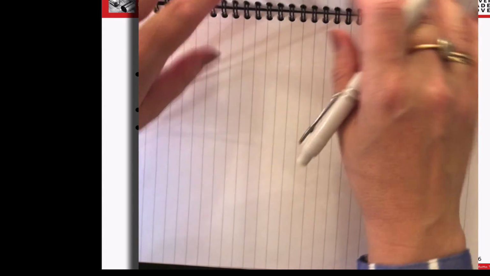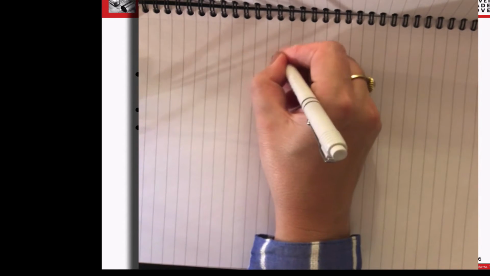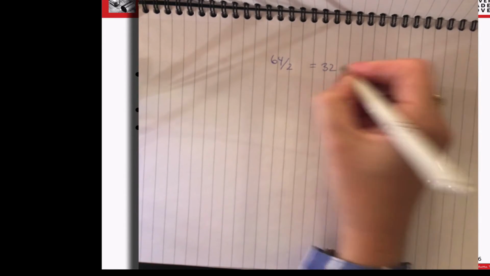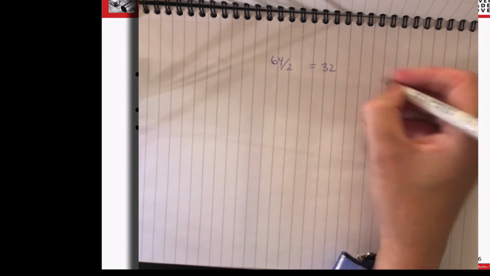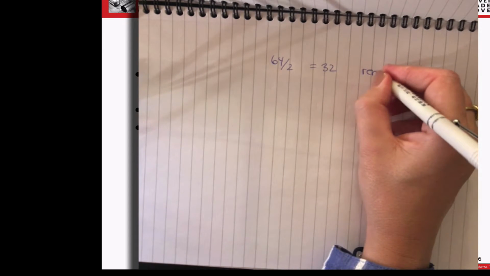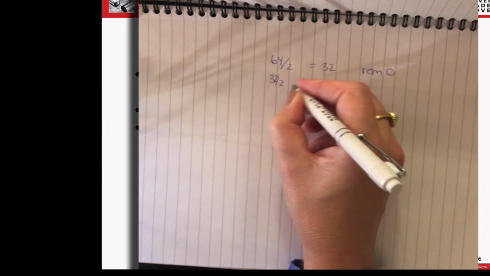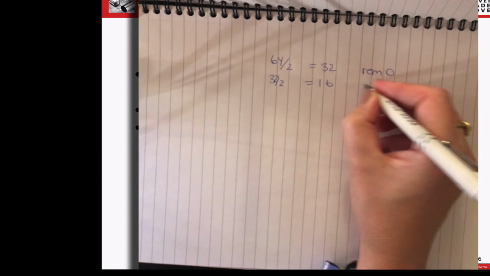Next example, 64. We want to convert that into binary. So divided by 2 is 32, and it's a full number, so I have a remainder of 0. 32 divided by 2 is 16.